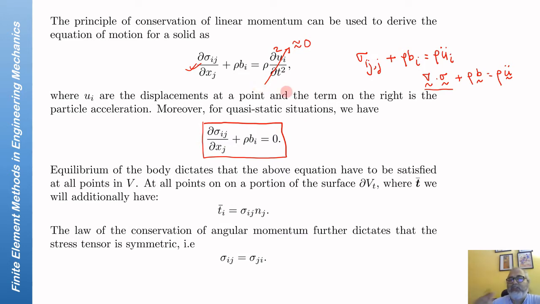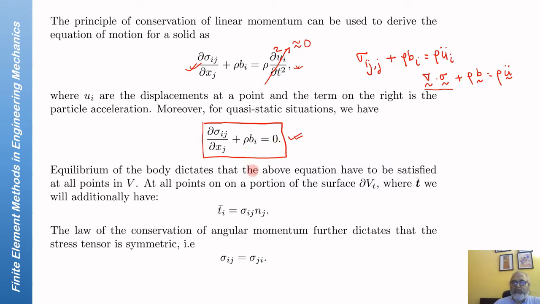So the nature of the differential equations are different, and therefore the solution techniques for the full equation with the right hand side and for the equation without the right hand side are significantly different. Right now we will concentrate only on this case. If time permits, we will look at how this term is handled. I'm not sure whether that will be possible, but this is the equation that should interest us at the moment.